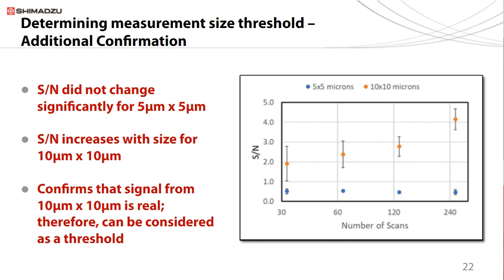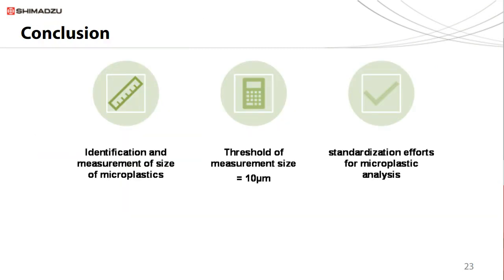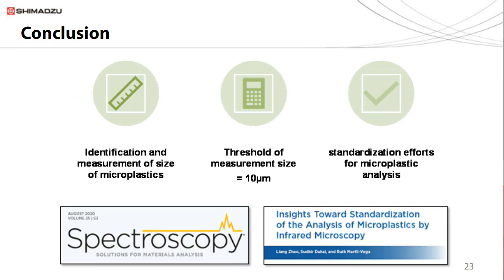As shown in the graph on the right, the signal in the 5 by 5 micron sample size did not show any substantial improvement with the increased number of scans. The average signal-to-noise ratio values stayed close to 0.5, so it is safe to say that significant real signal was not observed at this size.